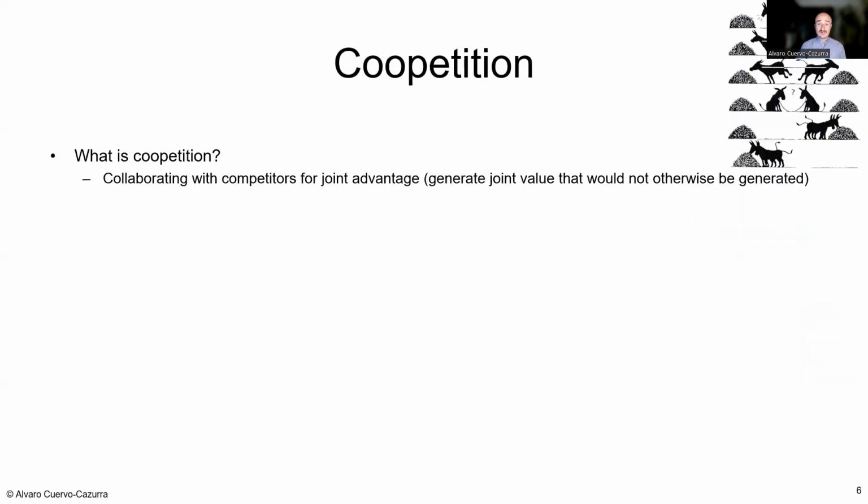And finally, the notion of coopetition, a particular way of understanding things, which is we collaborate. We're competitors, and instead of just competing, there might be some occasions in which it will be good for us to collaborate. We can generate additional value by being together.